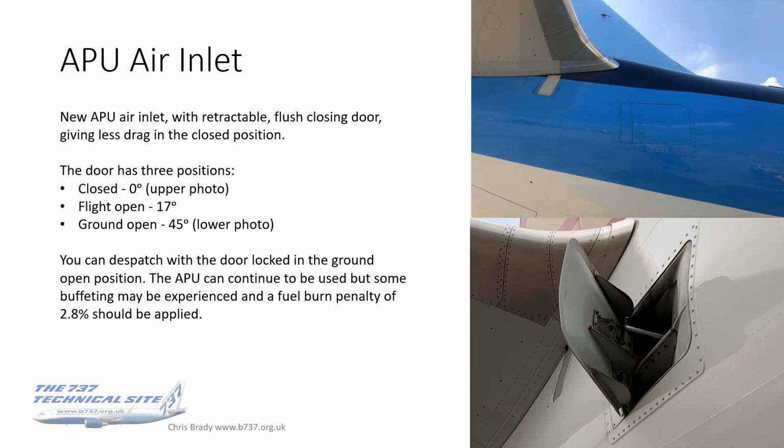You can dispatch with the door locked in the ground open position, and the APU can be used in that configuration, but some buffeting may be experienced and a fuel burn penalty of 2.8% should be applied. See your MEL/DDG for the appropriate corrections to that, but that is certainly in the Master MEL, that's what they were quoting.